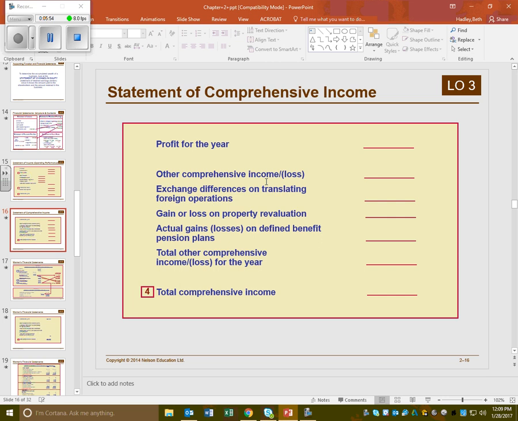There it is. Page 55, it talks a little bit more about what is other comprehensive income, as well as giving you a little review of it here. So again, any gains or losses due to exchange rates, or if you've had to revalue an asset because you're now going to sell it, that could lead to either an increase or a decrease, or a gain or a loss that affects your comprehensive income.